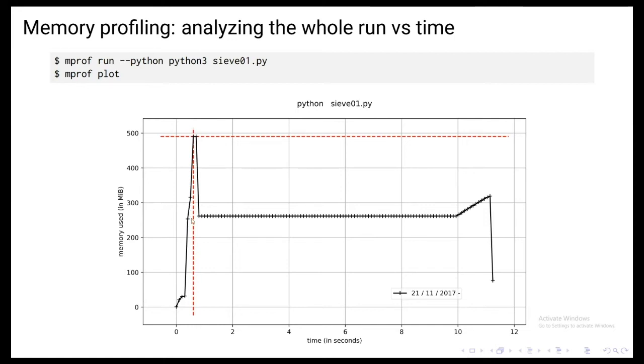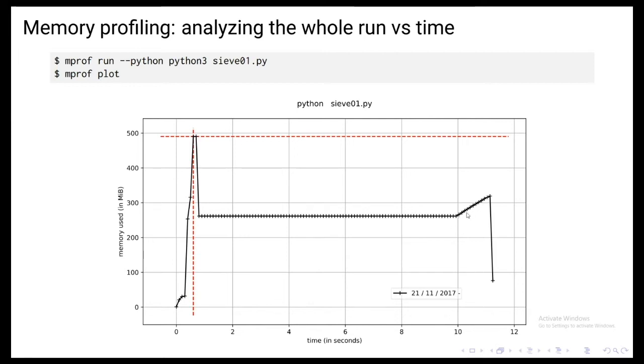They are due to the creation of the CF list, but then we see a spike of double that amount. That spike is gone, and then we see that we stay constant using the 200-something megabytes that we allocated for the list. Here we are working on crossing out that list; we are not allocating more things to memory.